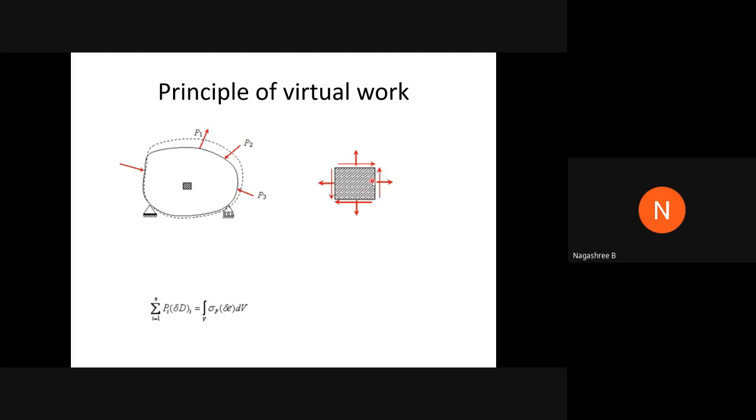Here I consider that the body undergoes a set of compatible virtual displacements. Figure 1 is the body which is subjected to a system of forces, and figure 2 represents the stress in the small element, which is represented as sigma P. Sigma P represents the stresses in the small element.